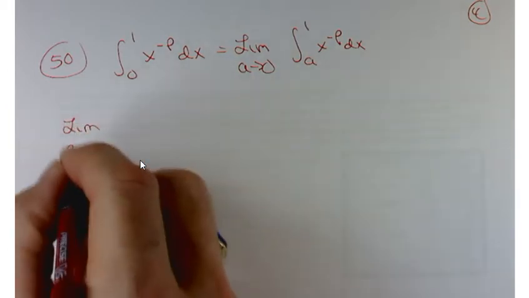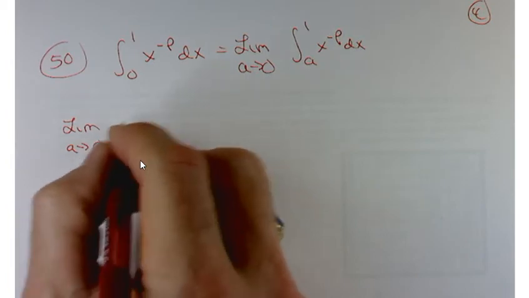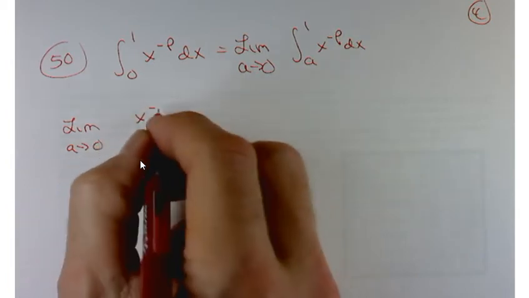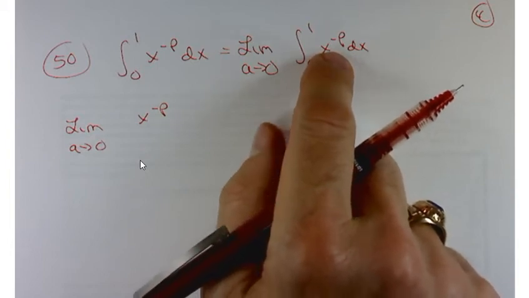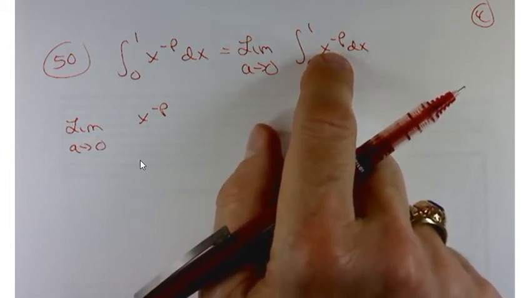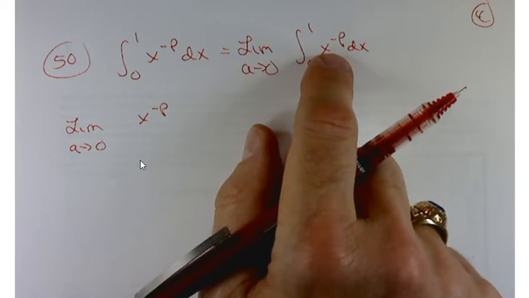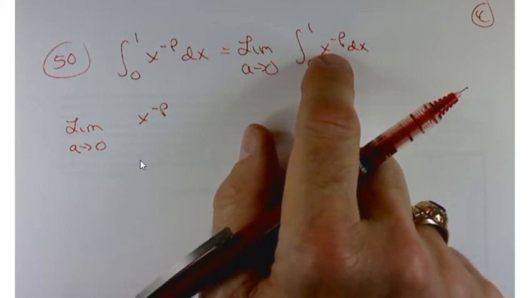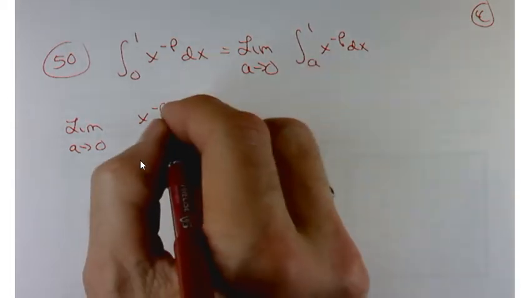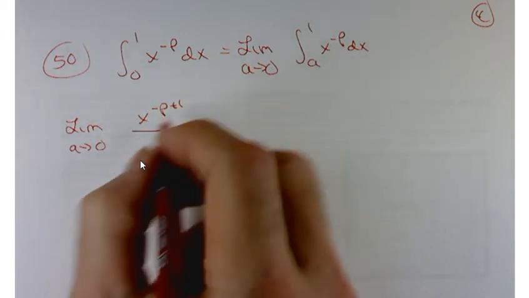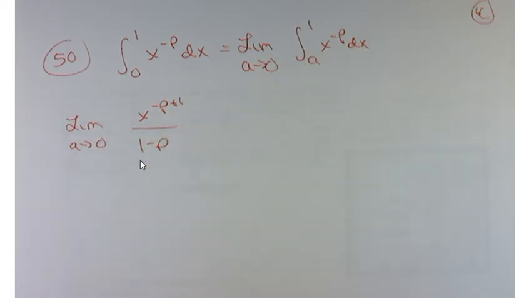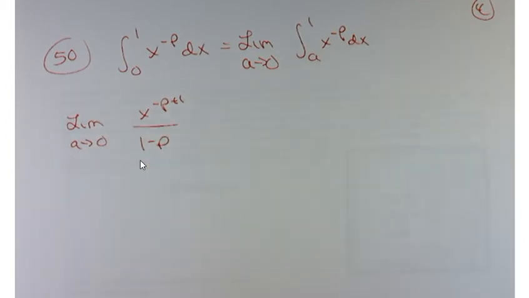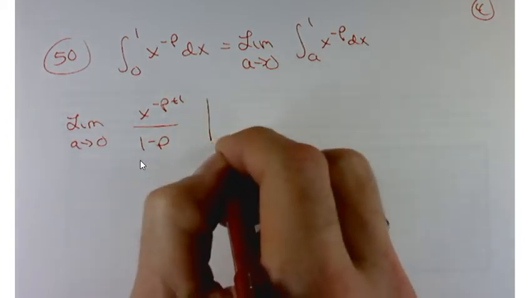Limit as a approaches 0 of x to negative p. What do I do to find the antiderivative of a polynomial term like this? Yeah, add 1 and divide by that same exponent. I'll write it as 1 minus p instead of negative p plus 1. And that's going to be between a and 1.